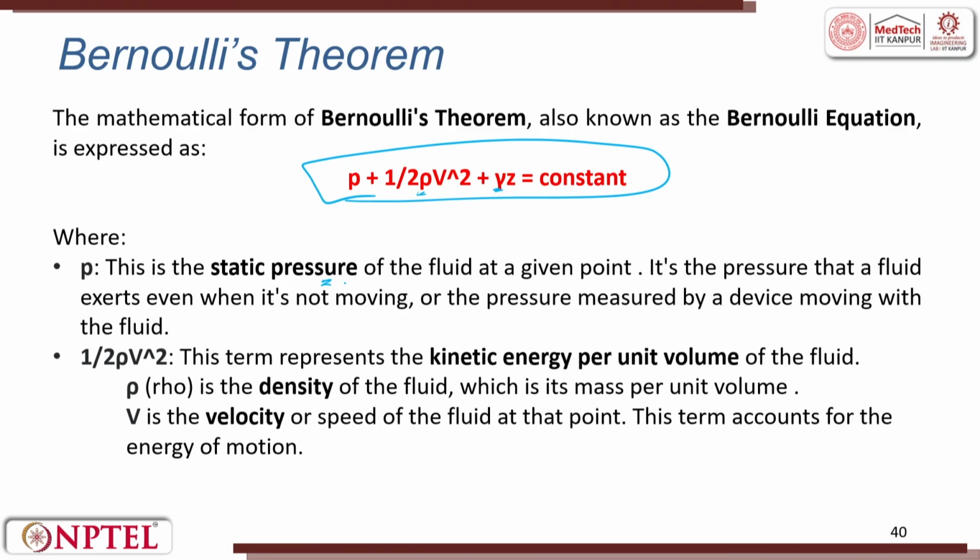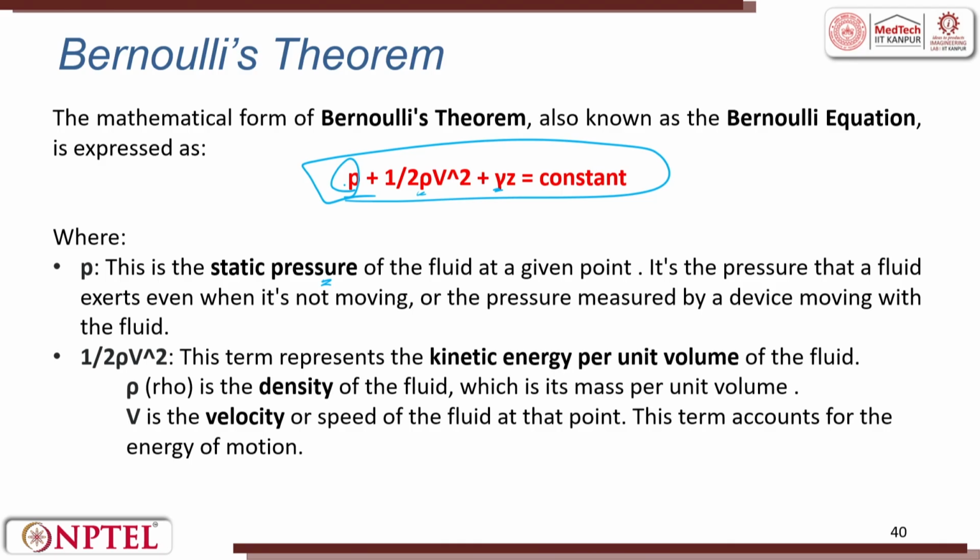So, P is the static pressure of a fluid at a given point. It is the pressure that the fluid exerts when it is stationary, or the pressure measured by a device moving with the fluid.